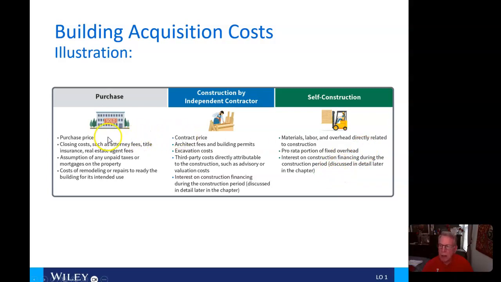We will discuss that further. If we should actually purchase a building, we're going to have a purchase price, closing costs, attorney's fees, title insurance, real estate agent fees, any back taxes or mortgage on the property, cost of remodeling or repairs to ready the building for its intended use.